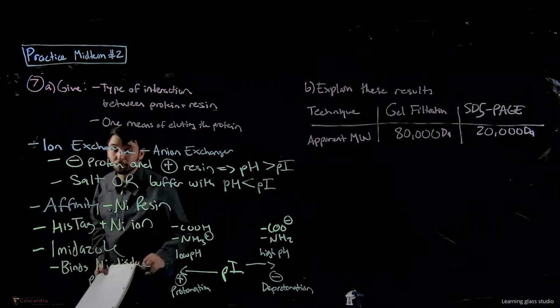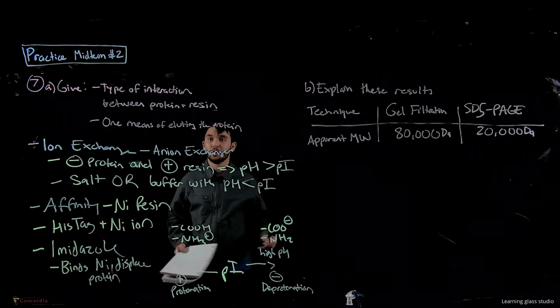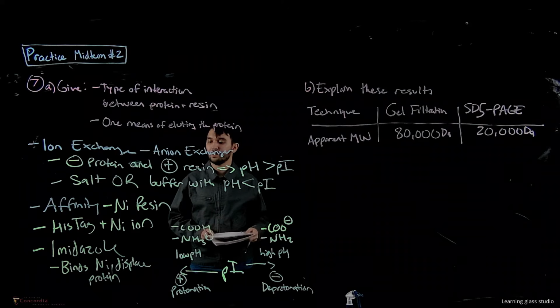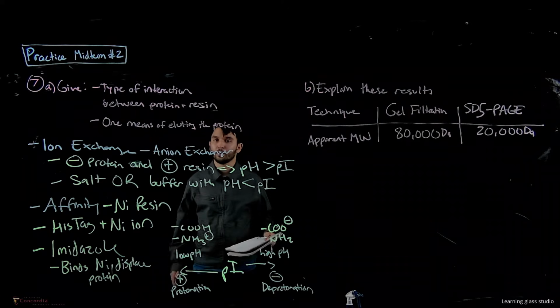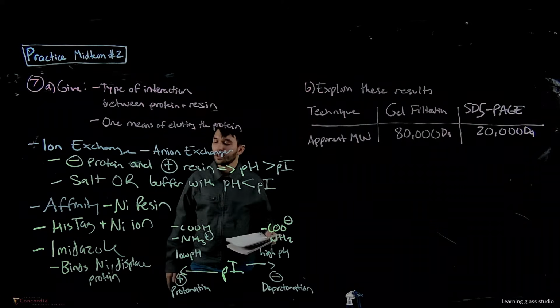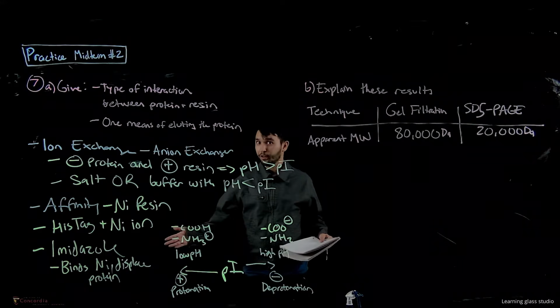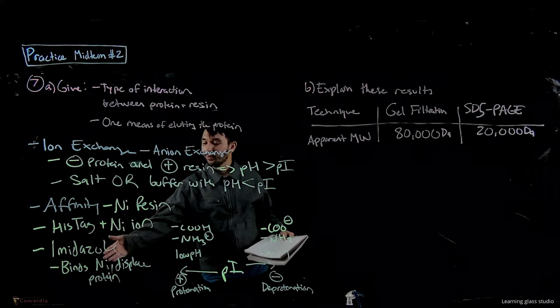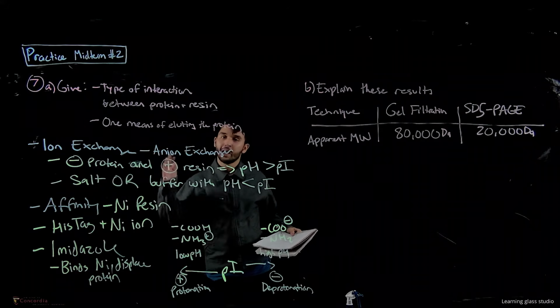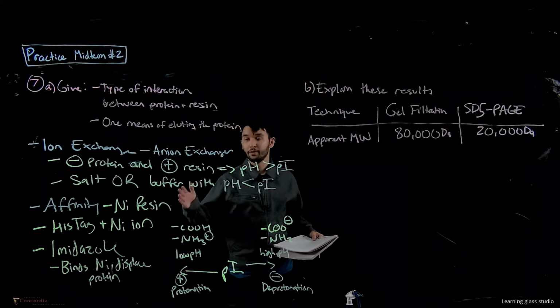So this will allow the protein to release from the column, because normally it's the his tag on the protein that's binding to the nickel ion, usually through some sort of metallic coordination bond. And if we add the imidazole, that will bind the nickel more strongly, thus releasing the proteins that are bound to the nickel.